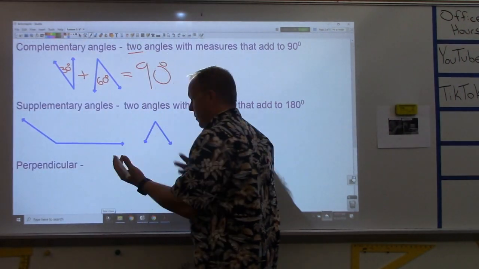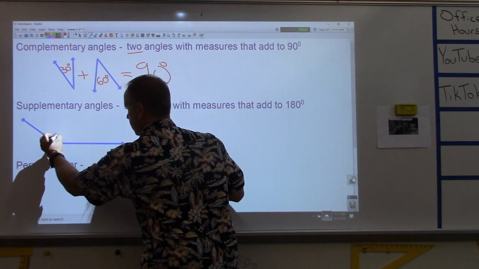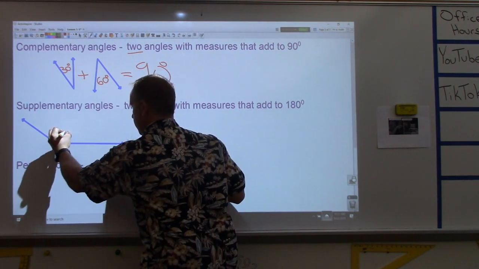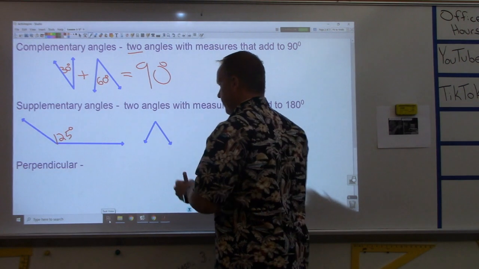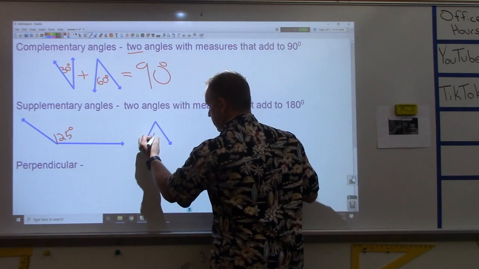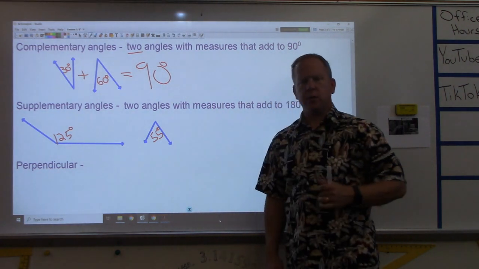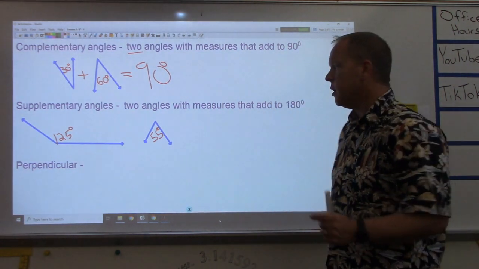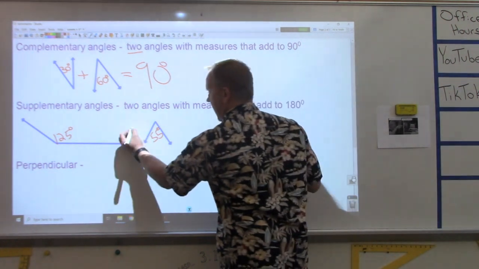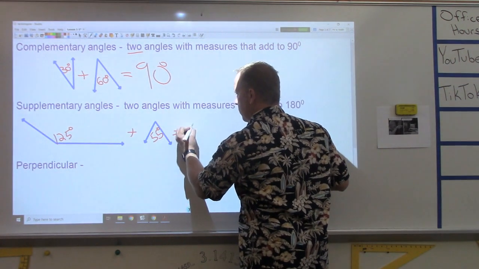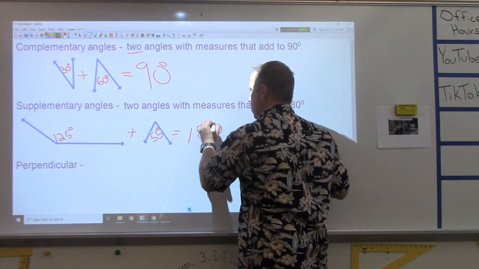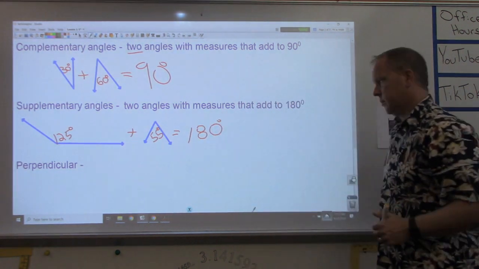So if I were to hypothetically say that this angle is 125 degrees, and this angle is 55 degrees, 125 degrees would be supplementary to 55 degrees, because if I add them, they equal 180. Supplementary angles.